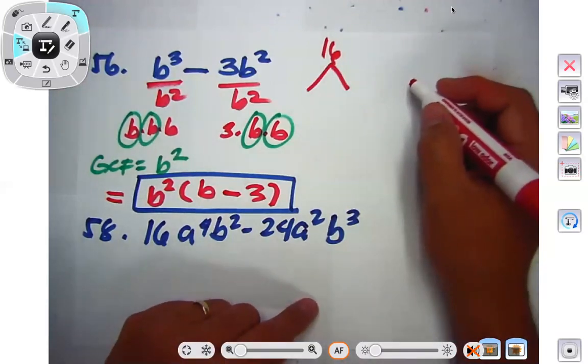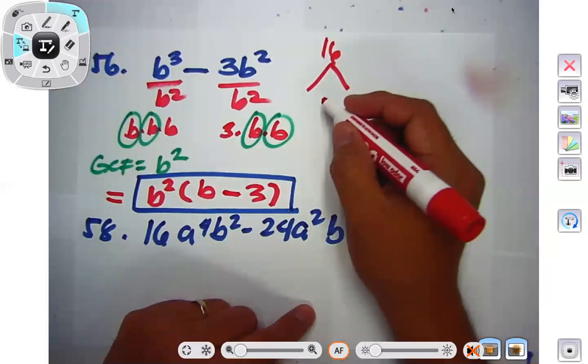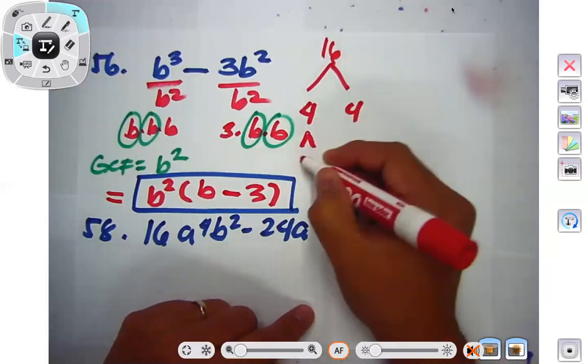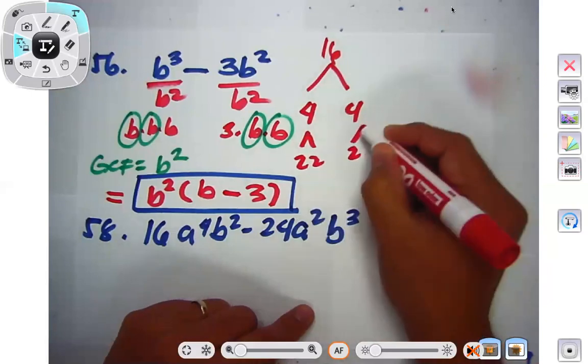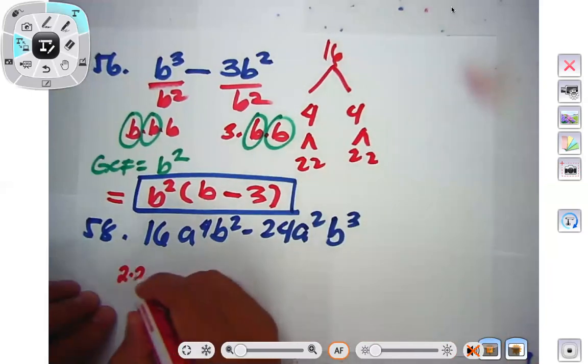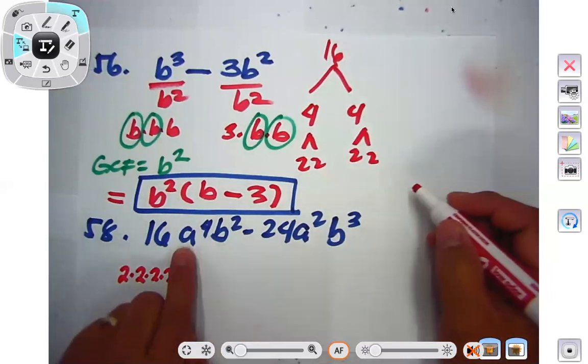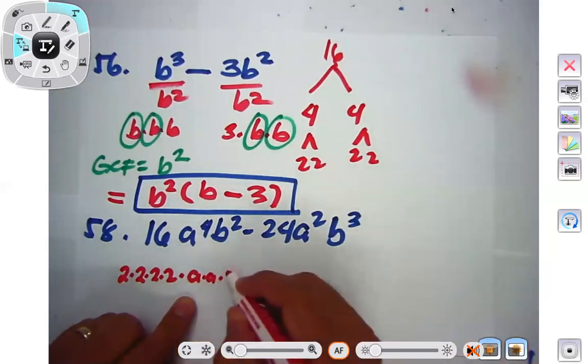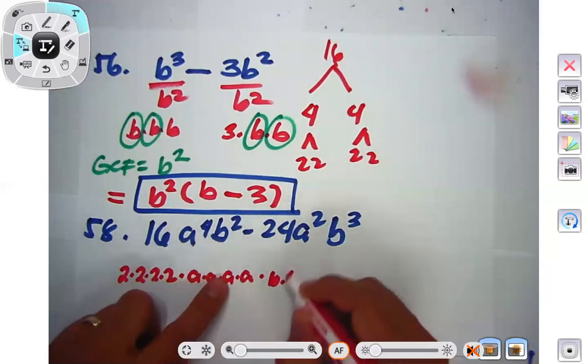You can think of any two, except 1 and 16. You can have 4 and 4. How about 4: 2, 2, 2, 2. So we have 2 times 2 times 2 times 2. A raised to 4, 4 a's. B squared, you have b times b.